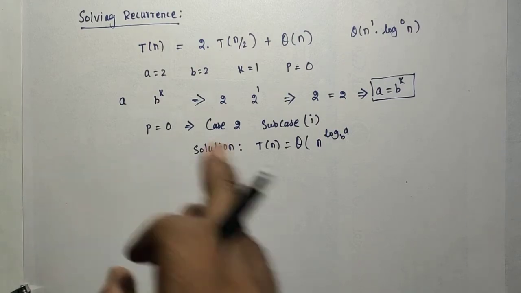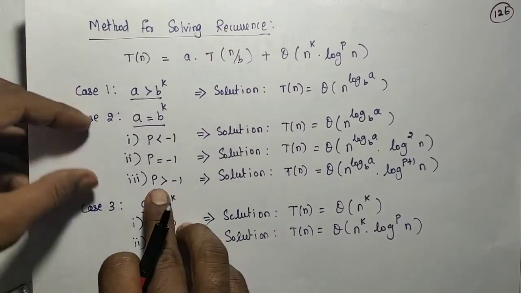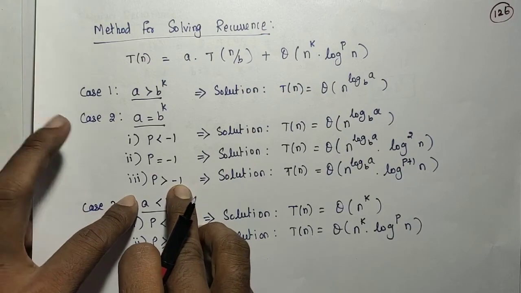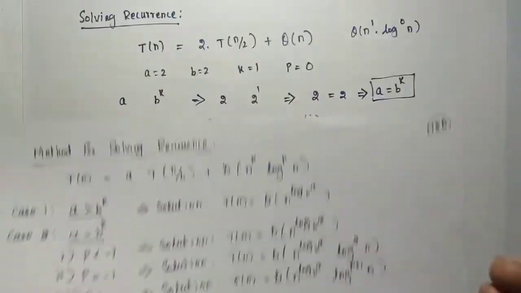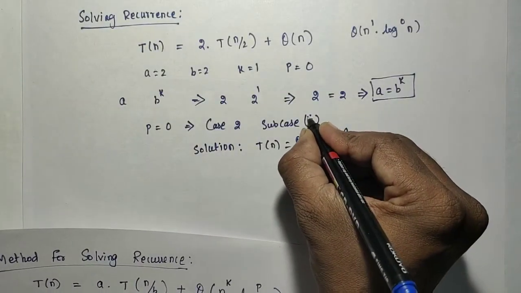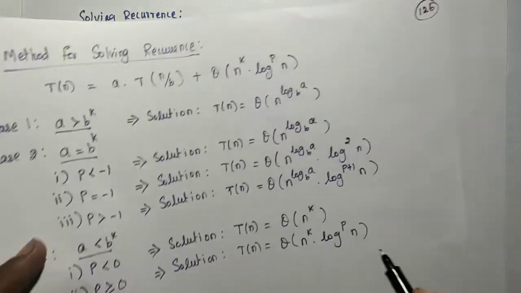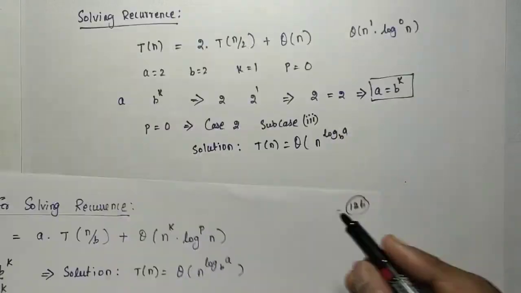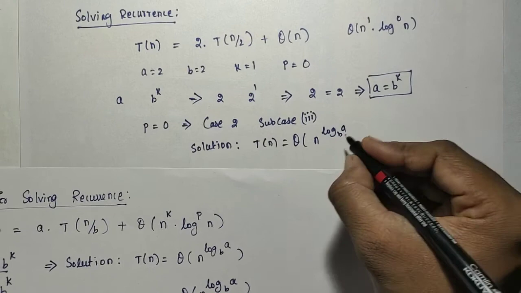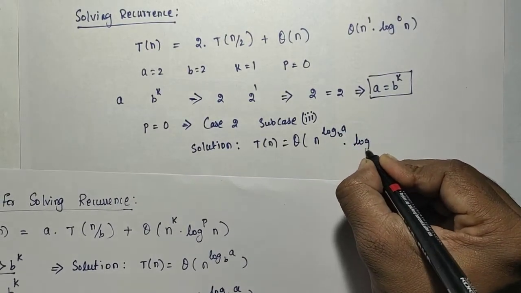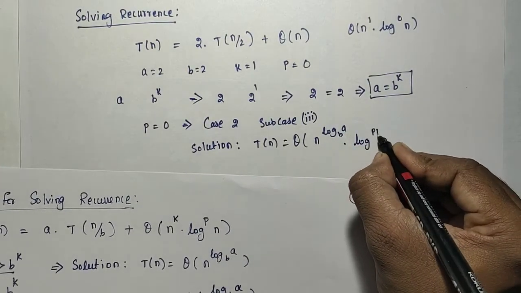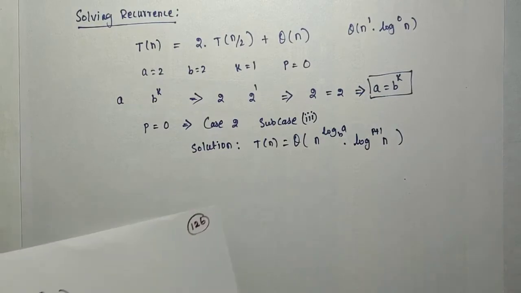Here the p equal to 0. P equal to 0 means it is greater than minus 1. So it means subcase 3. So that corresponding solution is theta of n power log a base b into log n power p plus 1. So that is the solution.